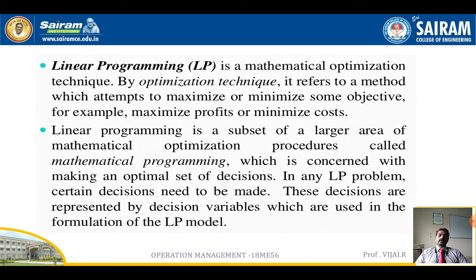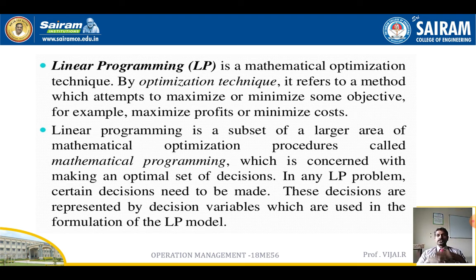In any program, certain decisions need to be made. In industry, either we have to maximize the profit or minimize the loss, so a problem will come. Decision making is very important when there is a problem.